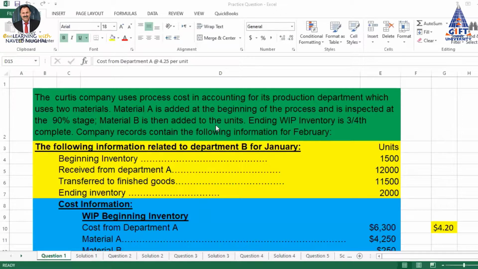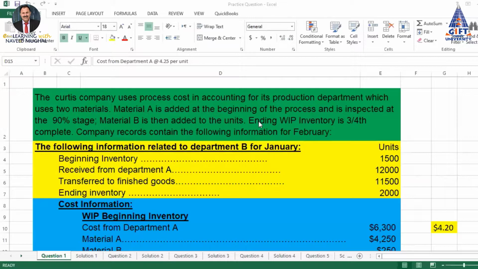We will have a discussion on these issues in our preparation of this cost of production report and this numerical exercise. When there is a second period, meaning there is opening work in process inventory, we apply two methods of costing, that is the weighted average method and the first in first out method.